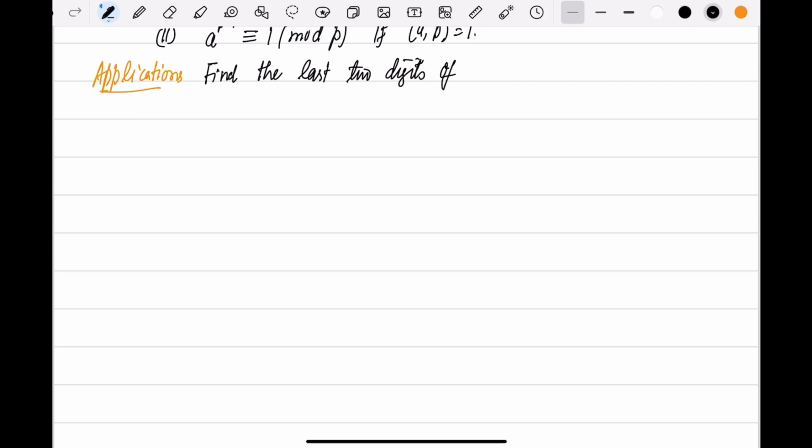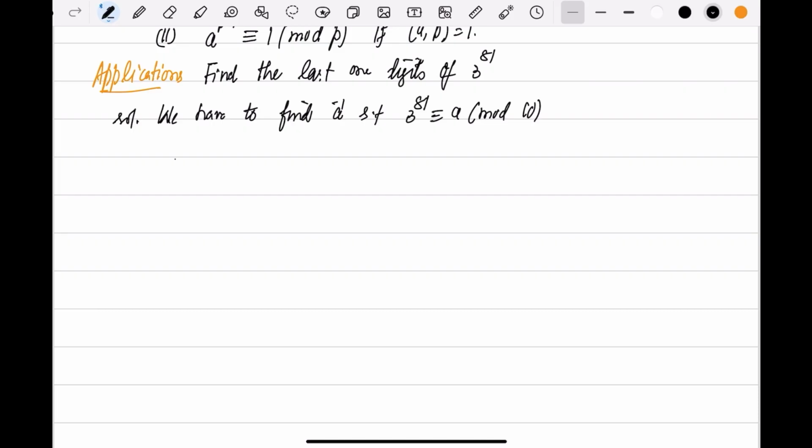We will find just the last one digit of 3 power 81. In that case we do the calculations in mod 10. So we have to find a such that 3 power 81 is congruent to a modulo 10.